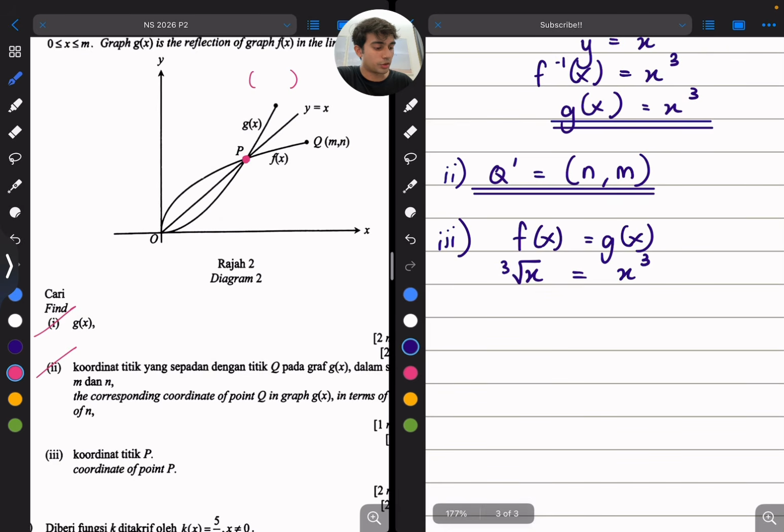So the cube root, we can also write it as x power 1 over 3 equals x cubed. Then to get rid of the denominator, the whole thing we cube. So x power 1 over 3, if you cube this, you get x power 1. 3 times 3 is 9. So x power 1 equals x to the power 9.